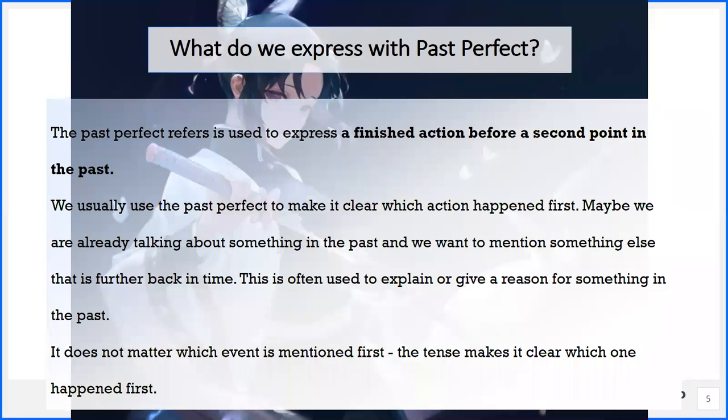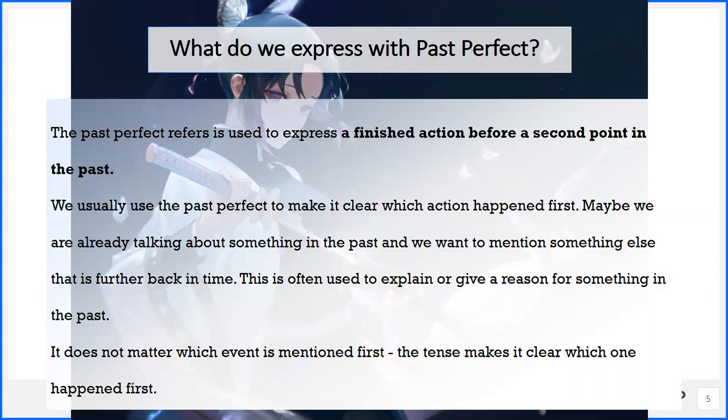What do we express with past perfect? So now that we got the structure out of the way, let's go into the why we apply this tense. Okay, so we want to apply this tense just to indicate that one action finished before another point in the past. Okay, so this is one of the main uses. We also usually use the past perfect to make clear which action happened first.